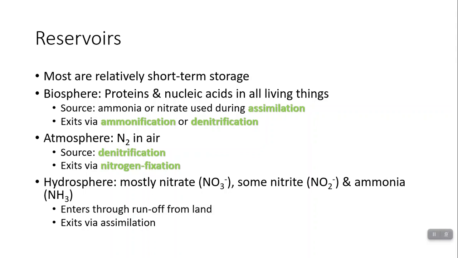And it's going to exit mostly through assimilation, which is producers in an aquatic environment taking in that nitrogen. You might also have some that's going to exit through sedimentation, but honestly, the rock cycle is not a large enough part of the nitrogen cycle to even be worth mentioning at this point.